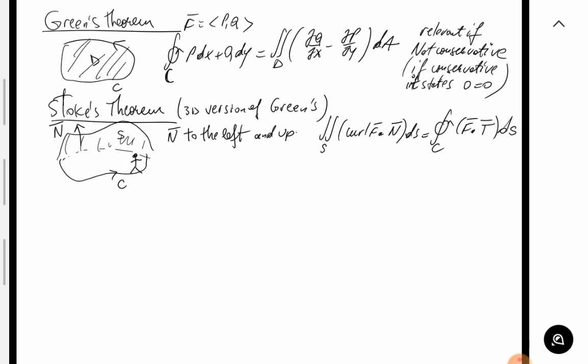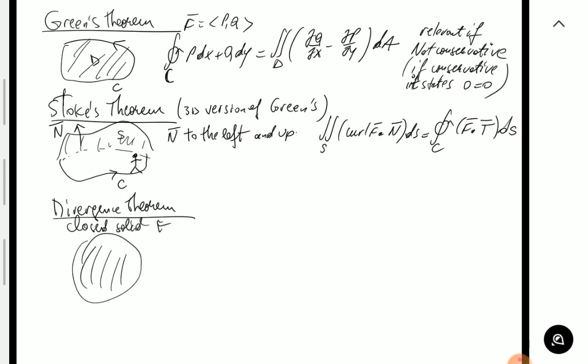And then finally, the divergence theorem. The main ingredients are a closed solid, denoted by E, and the surface that surrounds it, let's call it S, with the normal oriented outward.